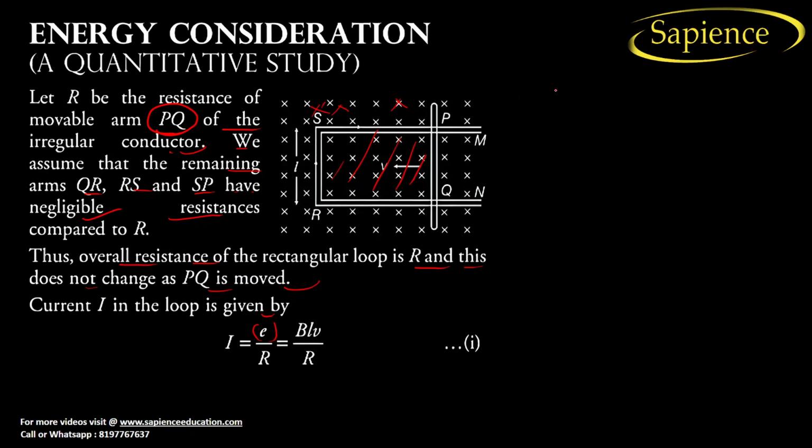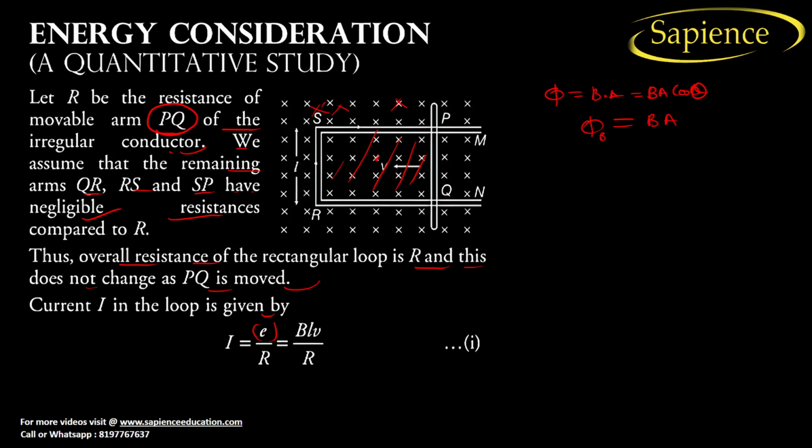Now if you try to find the flux, what is the formula for flux? B dot A, that is BA cos theta. Here theta is equal to 0 degrees, because the area vector and the magnetic field have the same direction. So we can write magnetic flux is equal to B into A.